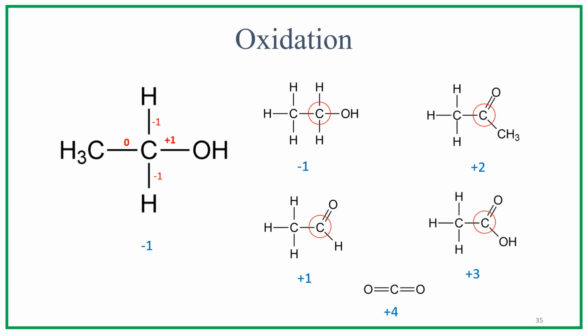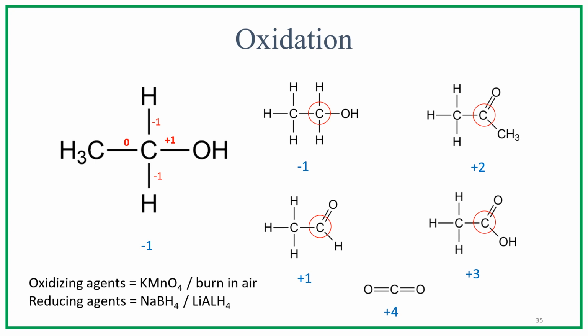Then the final oxidation product of the organic compound is carbon dioxide, which has plus 4, the maximum number which carbon can go. As you know, in burning or any highest oxidation reaction, an organic compound can go to carbon dioxide. These types of reactions you can learn in future lessons of organic compounds.